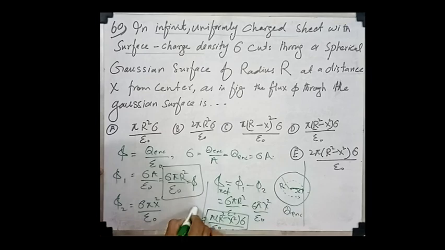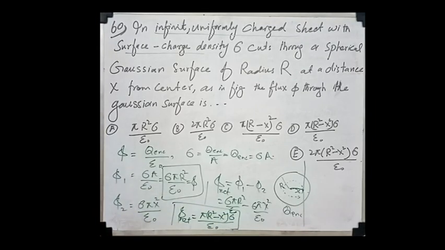This is phi net, equal to pi into r square minus x square times sigma, the surface charge density, divided by epsilon naught. So this is our right option.